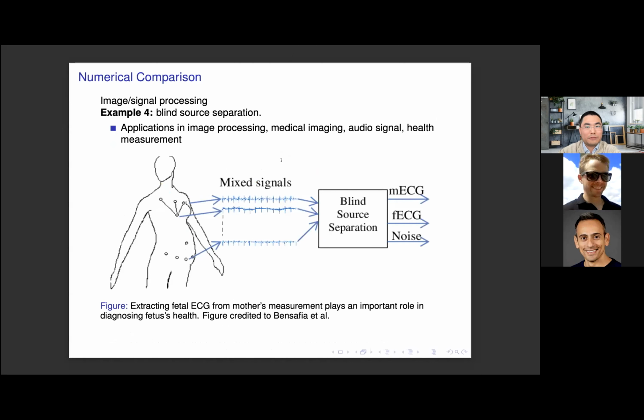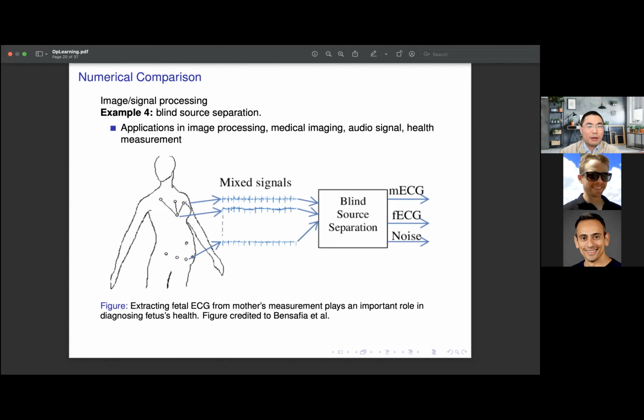And in the last example, we have some example for signal processing. We try to apply this algorithm to learn the operator for solving a blind source separation problem, where we have a signal coming from the ECG measurement from mother. The signal might contain several information.